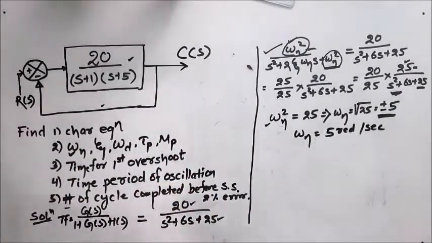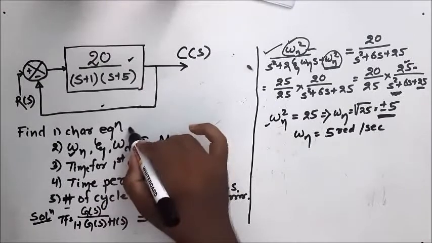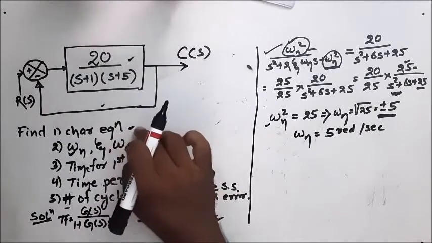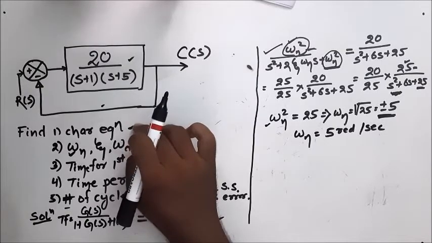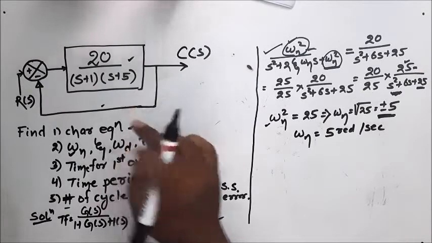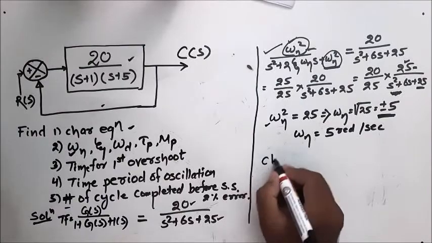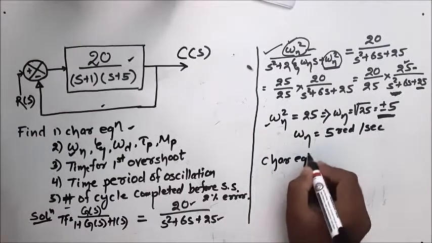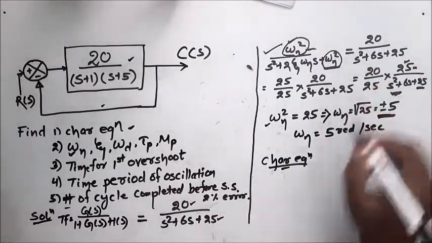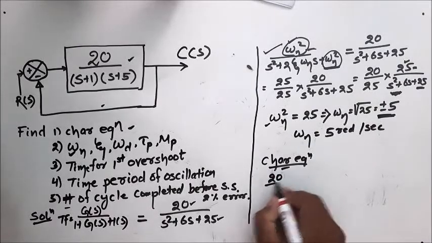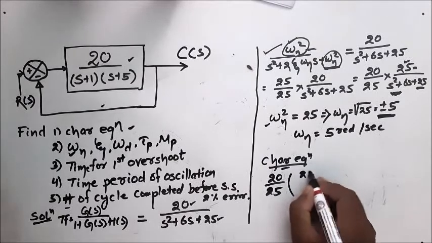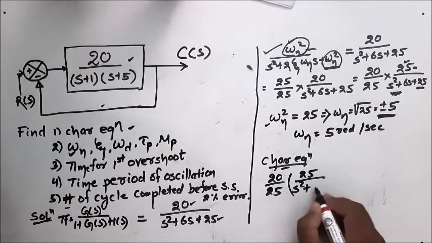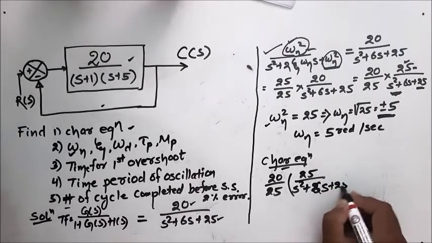Before that, I actually forgot to solve the characteristic equation. What is the characteristic equation? The characteristic equation is the denominator of the transfer function equated to 0. Now my equation is 20 divided by 25 into 25 divided by s square plus 6s plus 25.